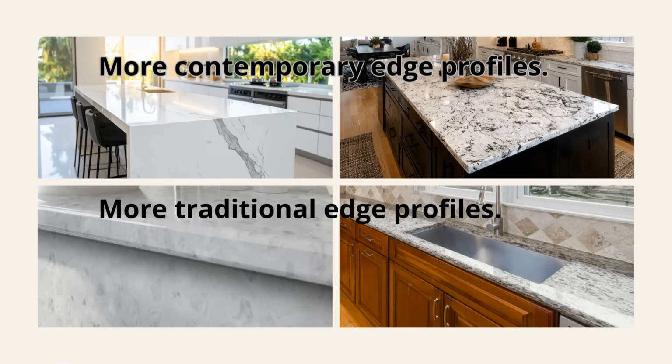So for instance, we would want a very clean lined approach to a modern style of countertop. Whereas if we had a more traditional style of kitchen, we may want to add a more decorative detail, say, to the edging of that countertop. All of those things make a difference in how consistent and how cohesive everything looks in our home.